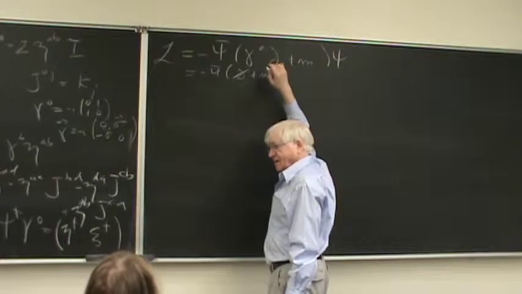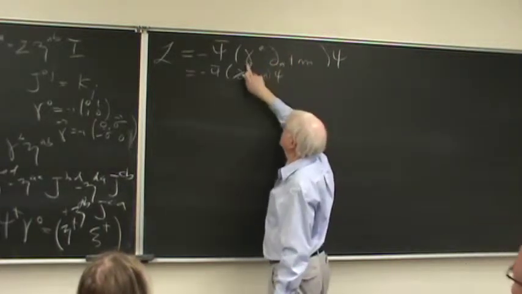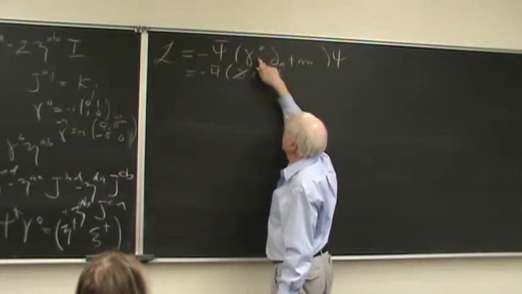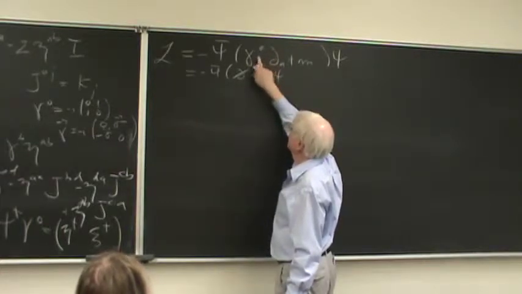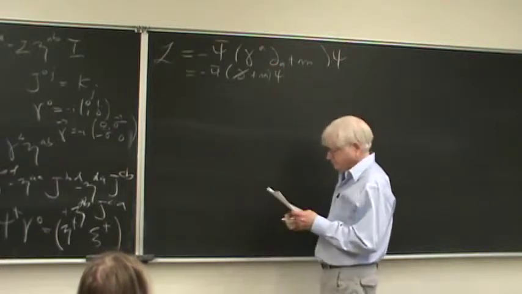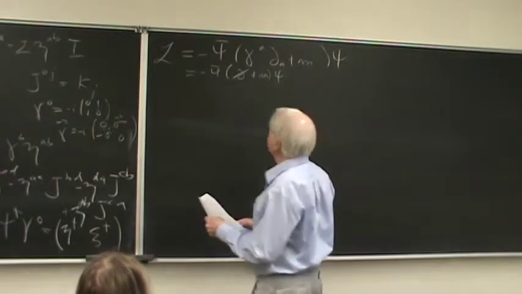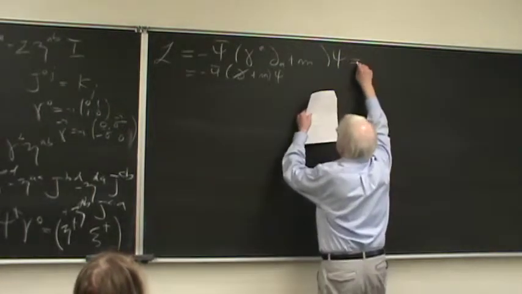I don't really know a good way to do this in LaTeX, but slash on any 4-vector means gamma A contracted with the 4-vector. Here it's dA. And so what is this in this particular case?